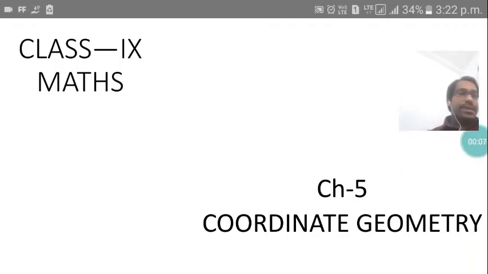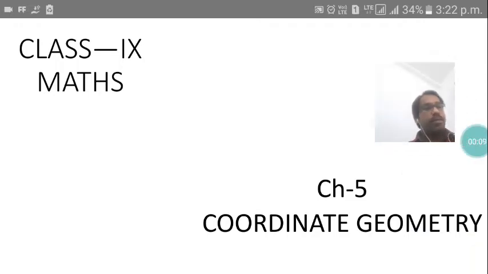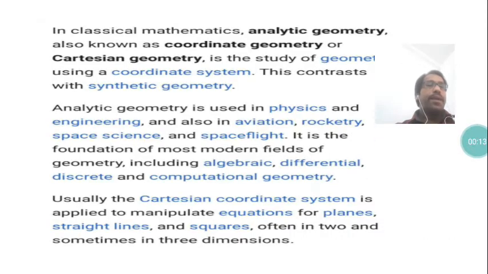So now, this is our second video of this chapter, coordinate geometry. In the previous one, we read about what coordinate geometry is, where it is being used, and many more uses. In class 9, a little introduction has been given, but its range is very vast.